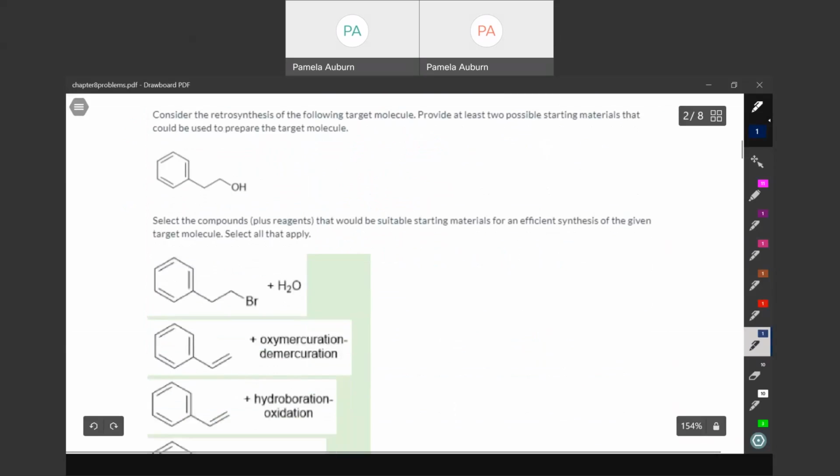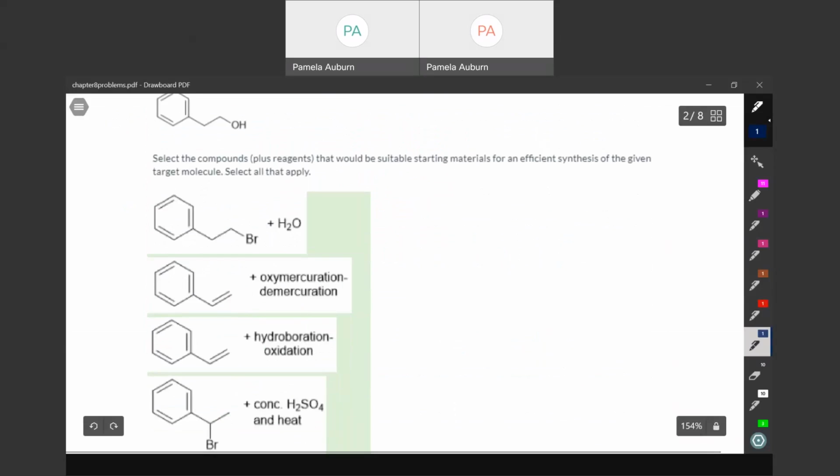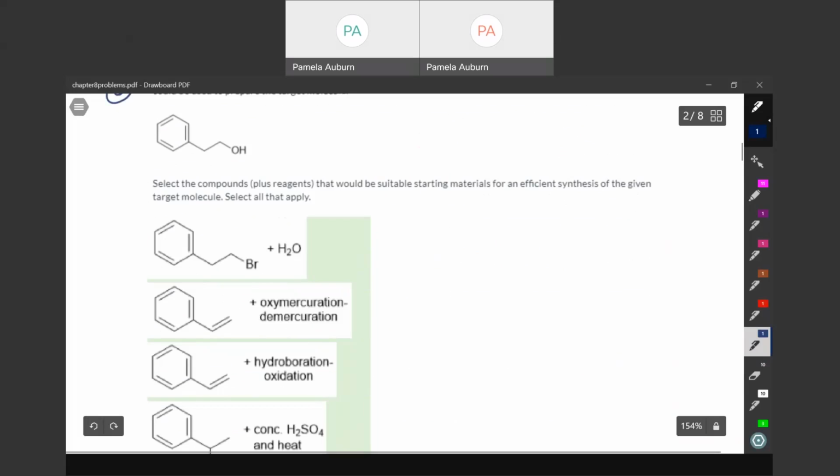This is problem number 6. And so they want to form the primary alcohol. And to do that, this first example is not going to work because the water is just not a good enough nucleophile to do that.